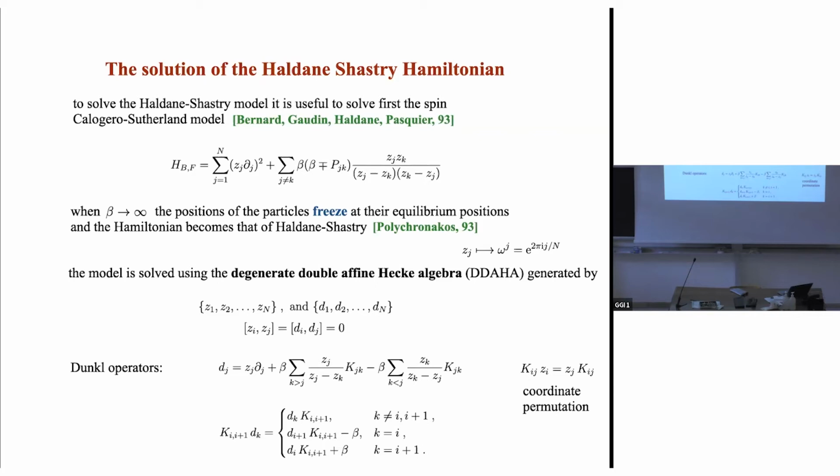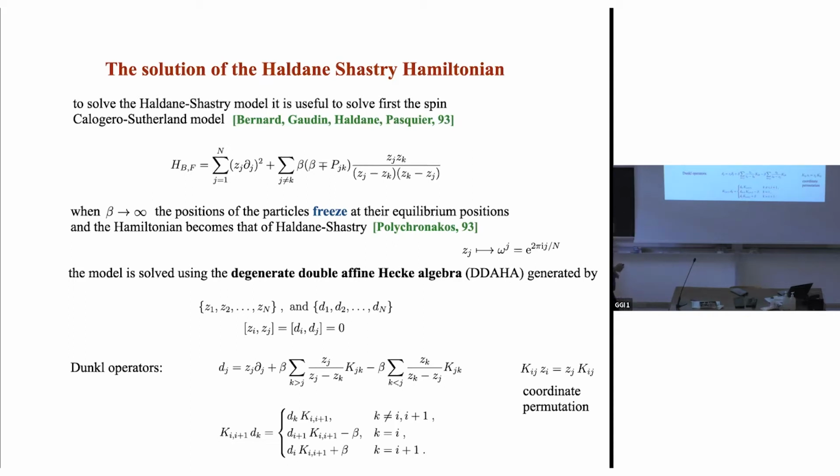The different Dunkl operators commute. The positions of the particles commute, of course, but between them they have some particular commutation relations, and there is some algebra between the permutations and these operators.